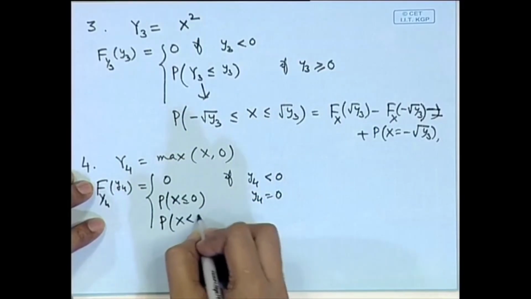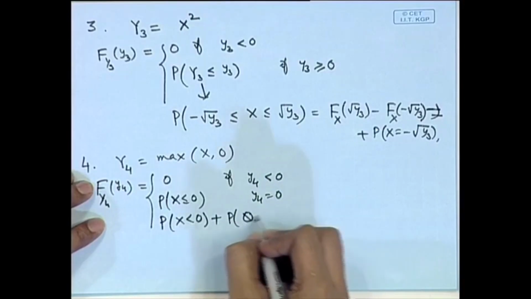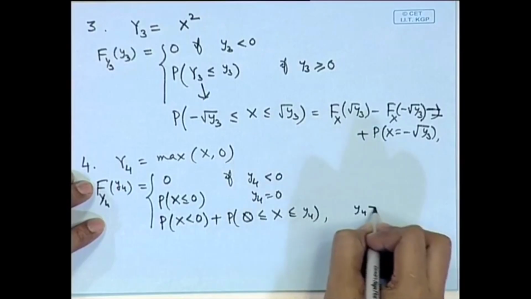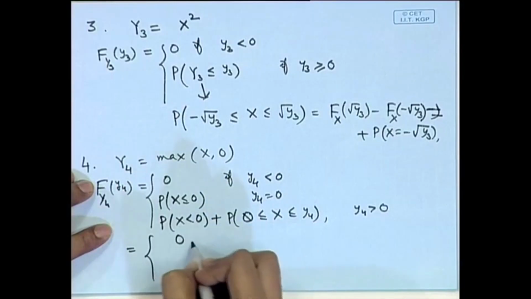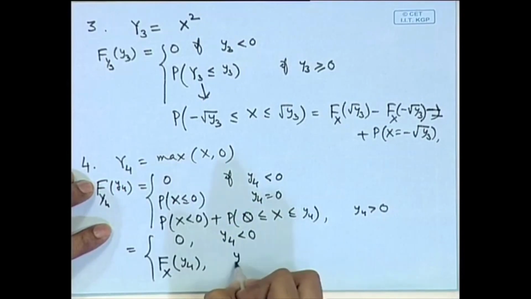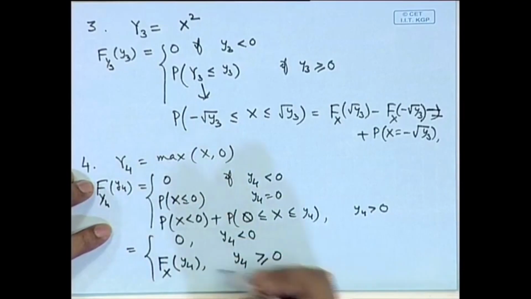That will be probability of x less than 0 plus probability of 0 less than or equal to x less than or equal to y4. If I combine these terms, then this is equal to 0 if y4 is less than 0, and it is F of y4 if y4 is greater than or equal to 0. You can consider it as truncation of x at 0.